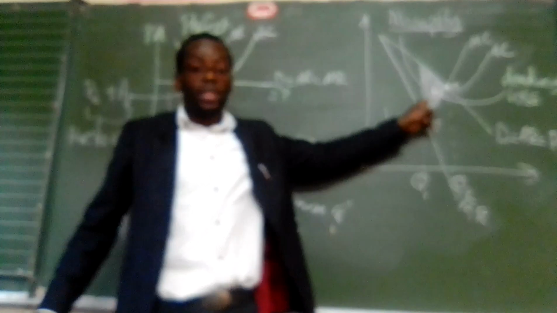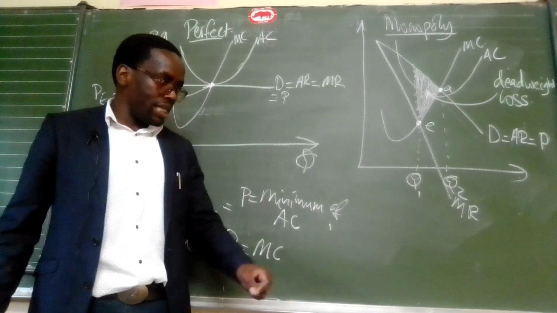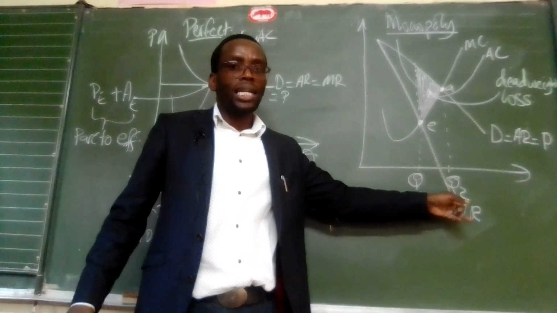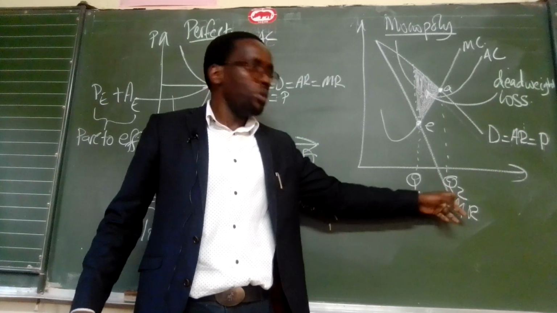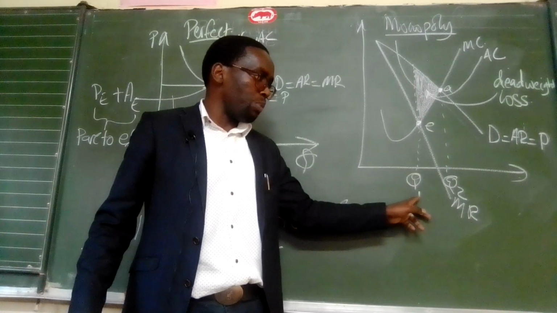This region here that I've shaded is what is called the deadweight loss. Now, what does that mean? It would mean that the society demanded Q2 of those goods, but the monopoly firm is going to produce at the profit maximization point, which is point Q1.